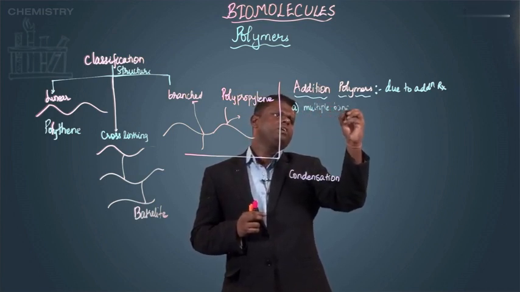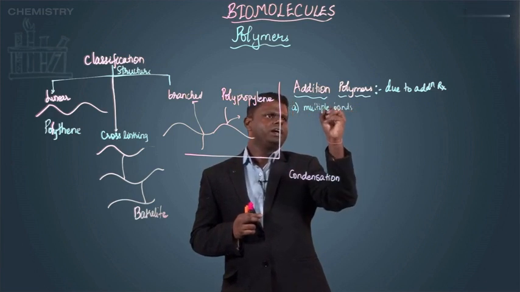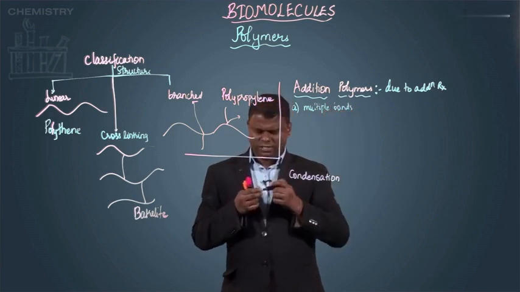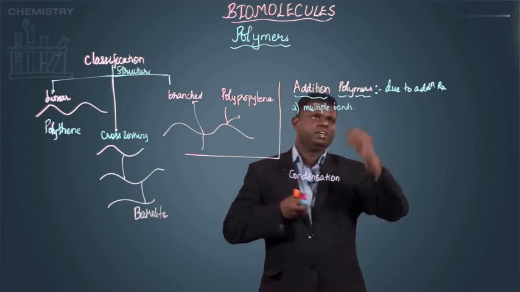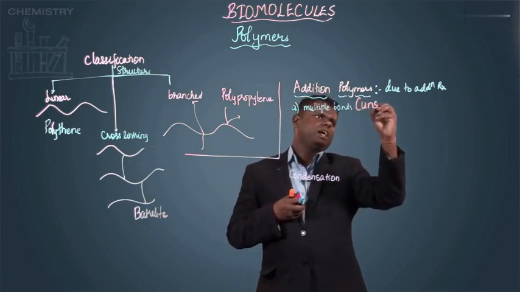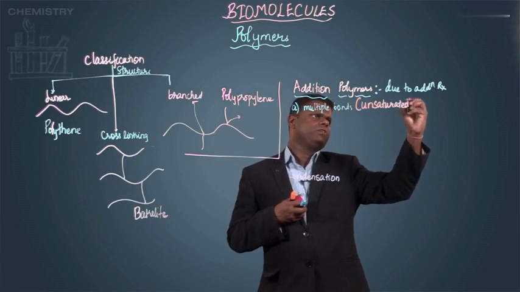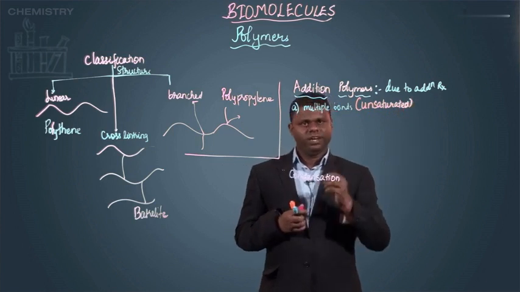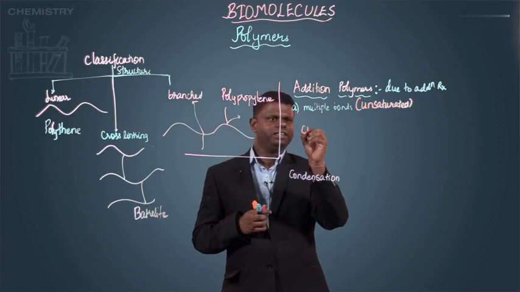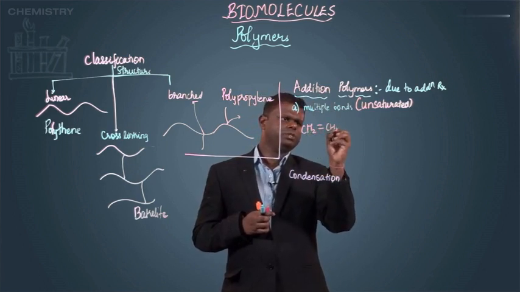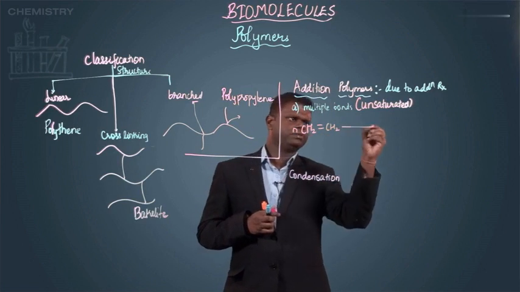In general, the compound should be unsaturated. For example, you have ethene, CH2=CH2, and such molecules.